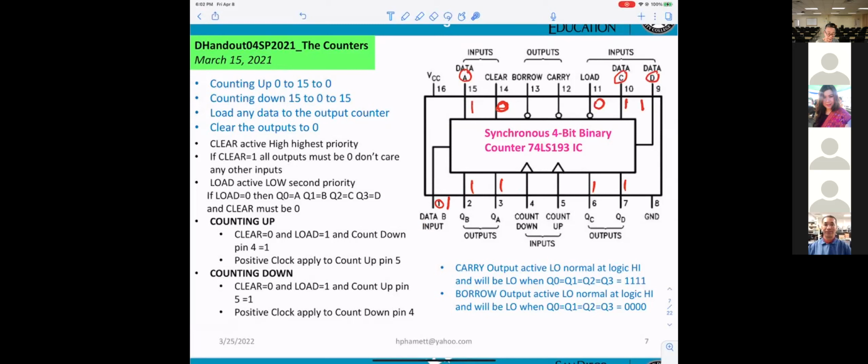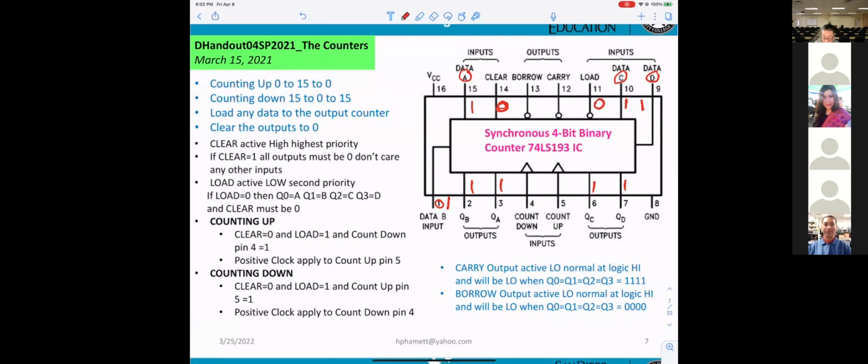Okay, and now if you want to count up, they already tell you: clear must be 0, load must be 1, and the count down pin, number 4, right here, must be 1. And the clock will be applied to up.